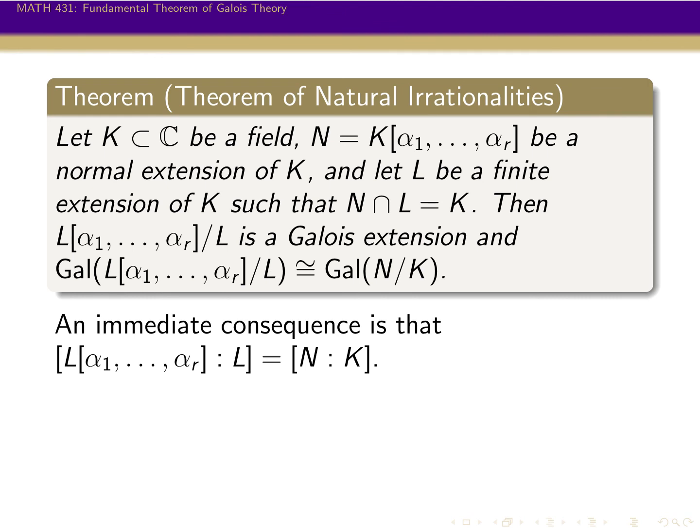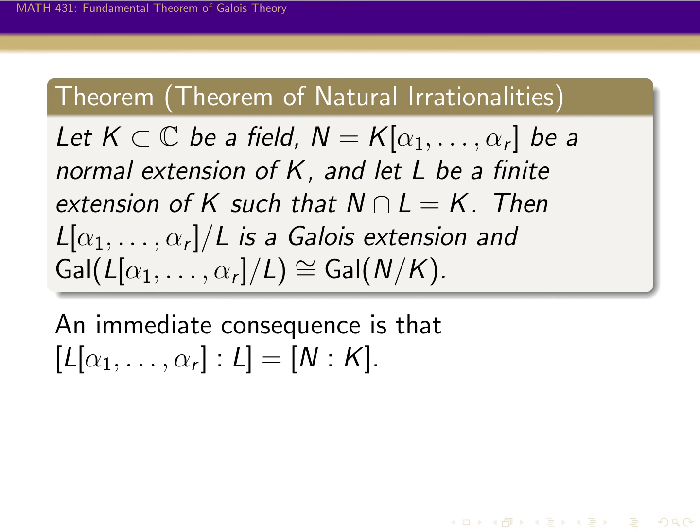An immediate consequence of the fact that the Galois groups are isomorphic: since the size of the Galois groups are equal to the degrees of the extensions, this automatically tells us that the degree of the extension of L adjoin alpha 1 through alpha r over L is equal to the degree of the extension of n over k.